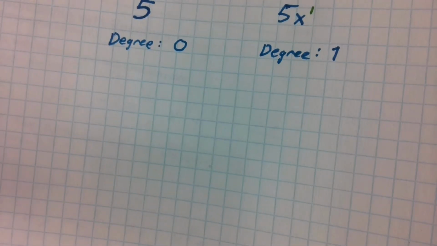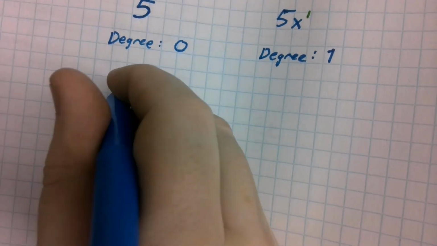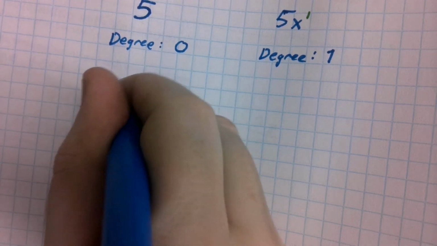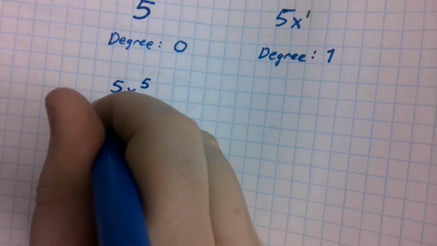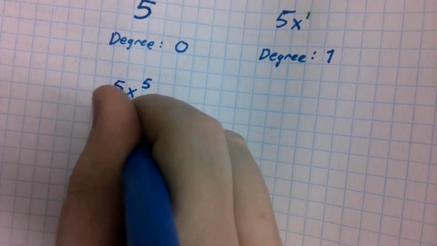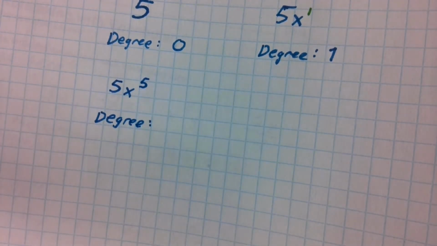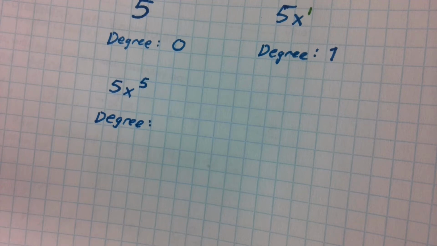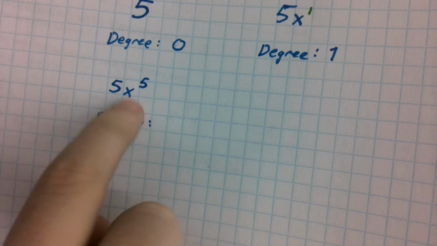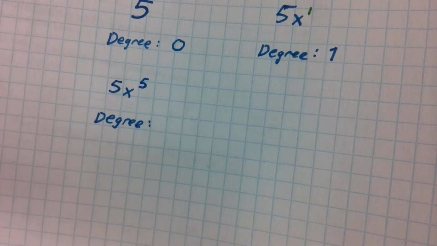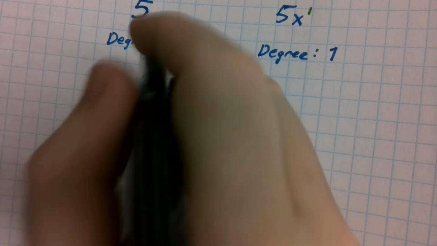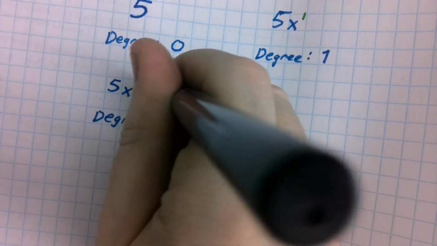Let's make one that's a little bit trickier, though. Let's say I had 5x to the 5th. Aha, now how many variables are being multiplied in this problem? You might be tempted to say 1 since you only see one x, but remember, x to the 5th is the same as x times x times x times x times x.